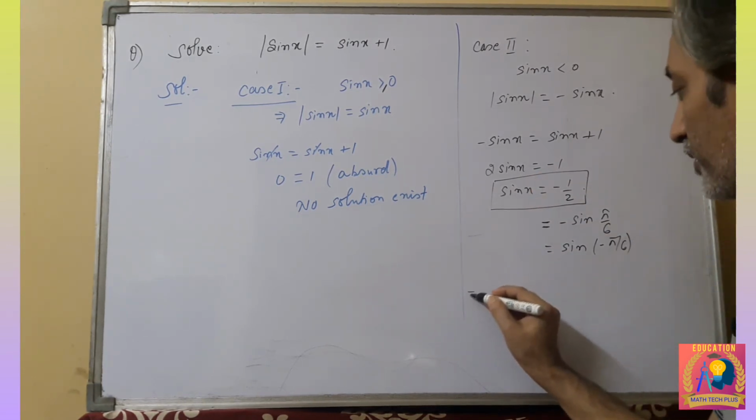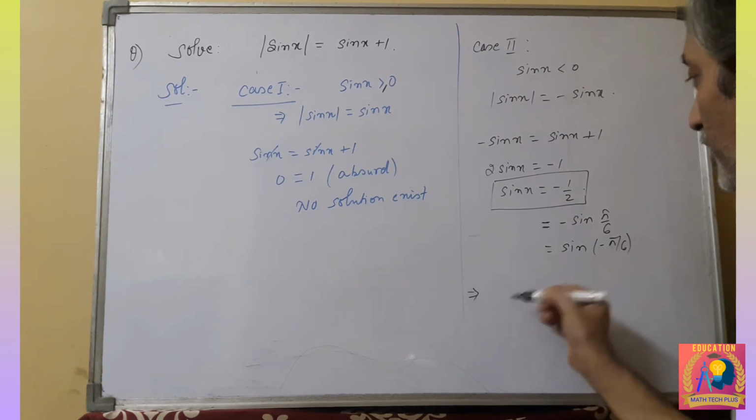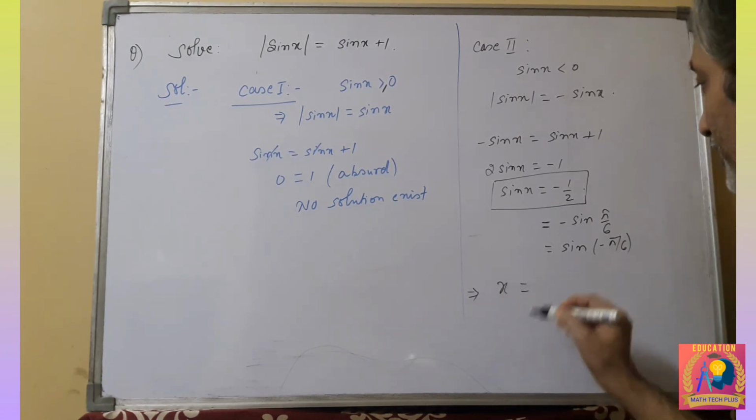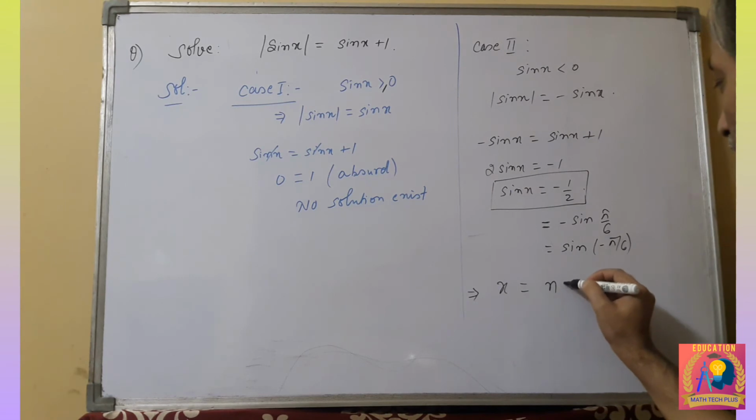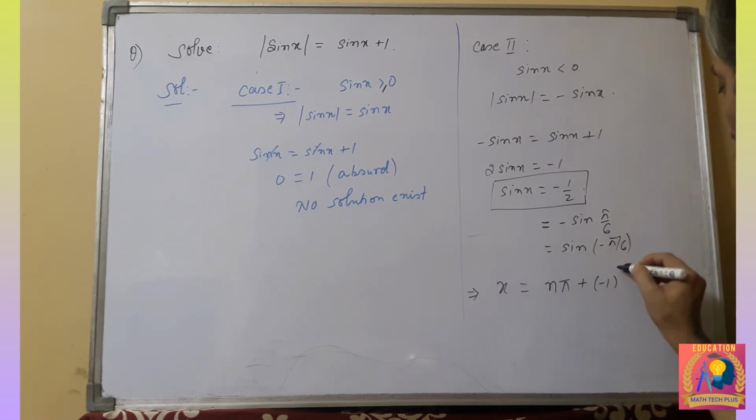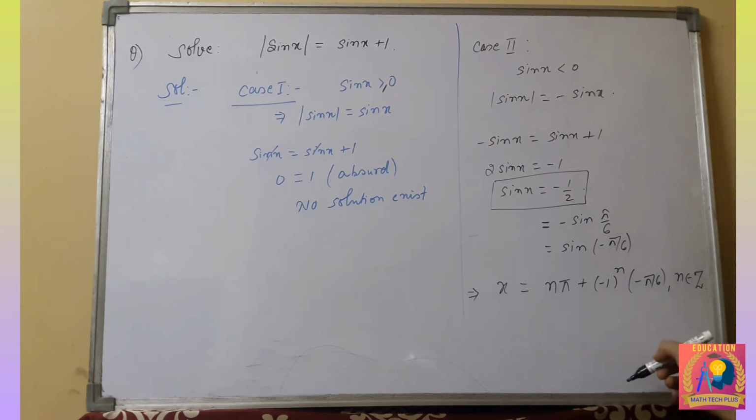So what will be its general solution? Its general solution is given by x equals n pi plus minus 1 raised to the power n times this theta, where n belongs to Z. Z is what? Z is the set of positive integers.